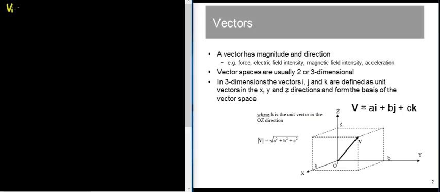So vector 1 is 2i plus 3j plus 4k, and vector 2 is 3i plus 4j plus 3k.